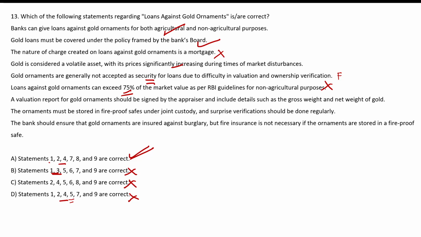And the bank should ensure that the gold ornaments are insured against burglary. Fire insurance is not necessary if the ornaments are stored in fireproof safe. So fire insurance may not be necessary if stored in fire safe. So this statement is also correct. So even if after statement 5 I have not read statement 6, 7, 8 and 9, I can easily just mark my answer and proceed further.